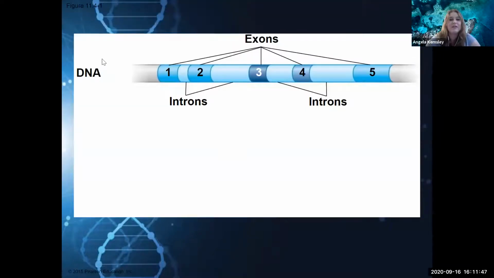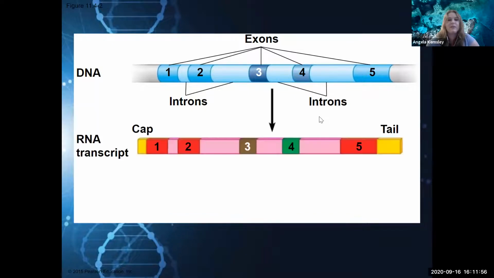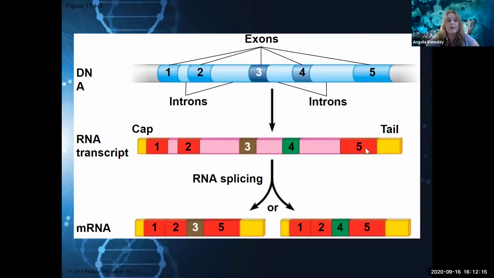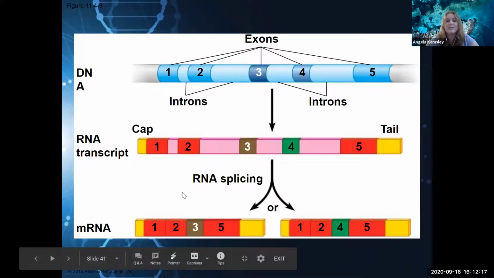If you take a look, here's our strand of DNA. We have our exons, our coding regions here, and then our non-coding regions, the introns, in between. We are going to be making that RNA transcript from transcription. Remember, we had a cap and a tail, and then we have to remove the non-coding sequences, the introns, before it leaves the nucleus to do translation. But we don't always splice it. We don't always remove those introns in the same way. You'll notice here, it could be spliced, and so it ends up 1, 2, 3, 5, right?